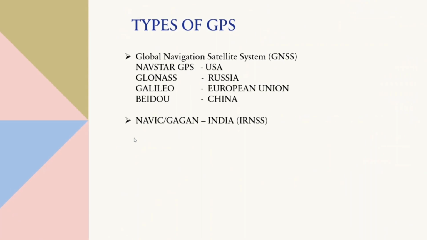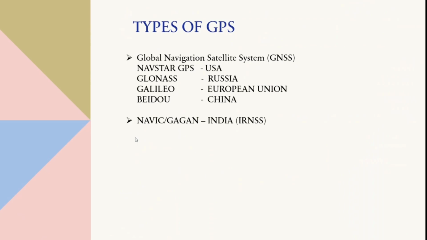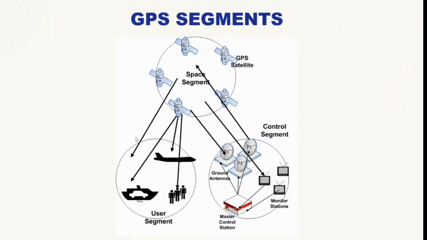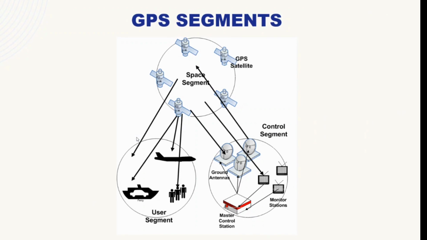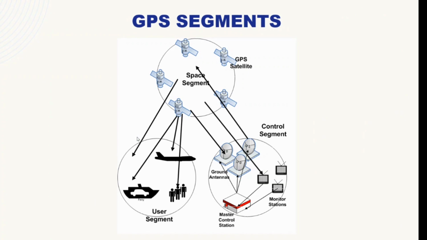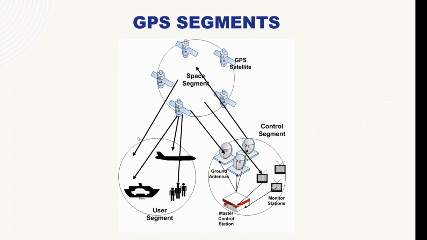And in India we have NavIC or GAGAN, which is under the Indian Regional Navigation Satellite System. GPS consists of three segments, mainly the space segment, which is also called the satellite segment. Second one is the control segment, also known as the operational segment, and third one is the user equipment segment.